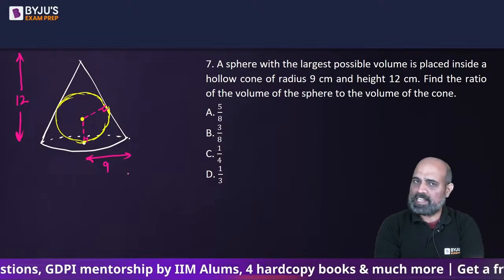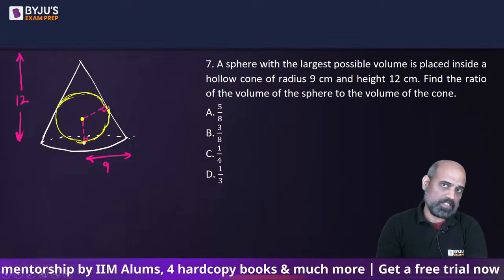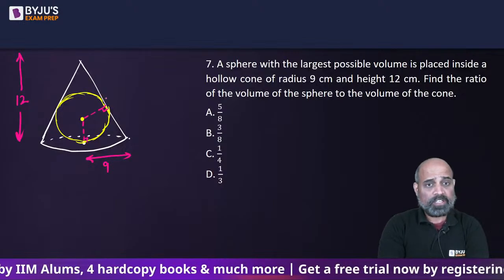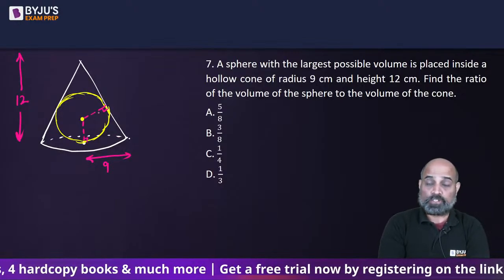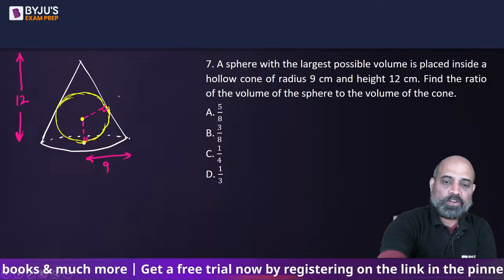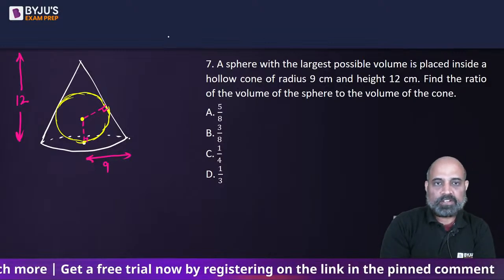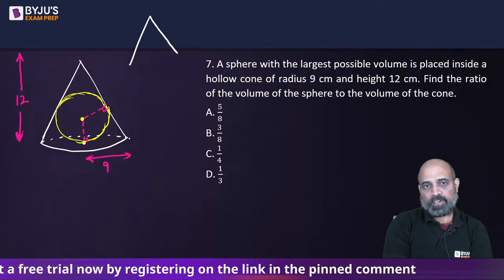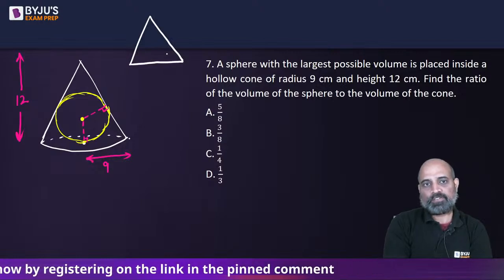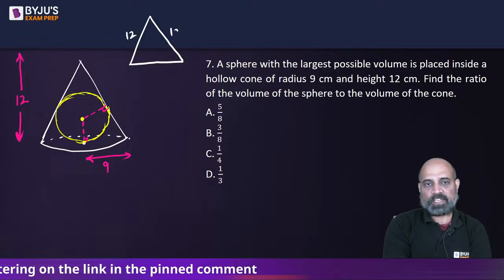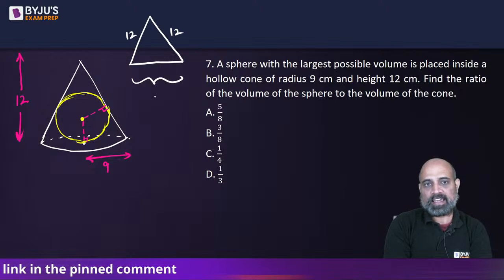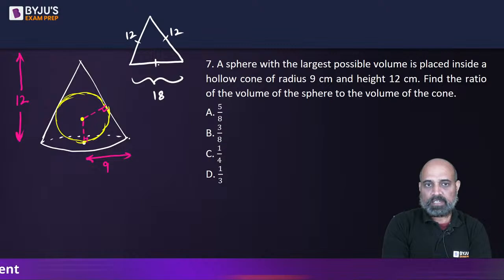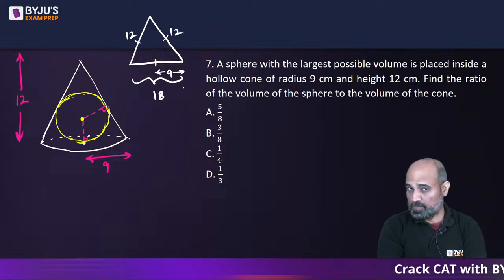Because the slant height is like a tangent, the circular base is like a tangent to the sphere. So if I look at it from a little farther away, I can convert this into a 2D figure where the side is 15 each and the base is 18. In other words, this is an isosceles triangle where half of this is obviously 9, which turns out to be the radius of the cone.